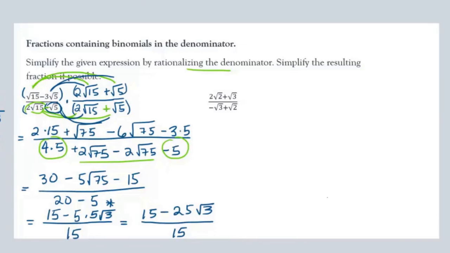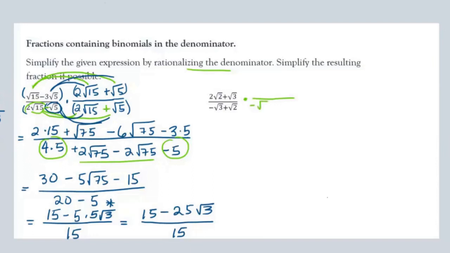All right, we've got one more example. Again, we're asked to rationalize the denominator. So I'm looking to multiply the top and the bottom of this fraction by the conjugate of the denominator. I want to multiply it by the conjugate so that I remove the radicals from the denominator.